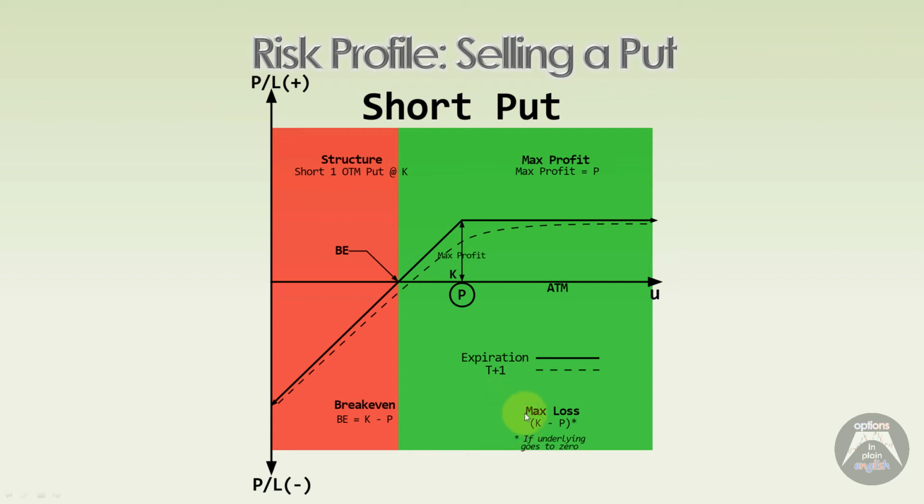The max loss is equal to the strike K minus P, the credit that you got initially when you sold it, and this happens if the underlying goes to zero. The max profit is only the credit that you got. You're going to make money if the underlying expires above the break even, and you're going to lose money if it expires below the break even.